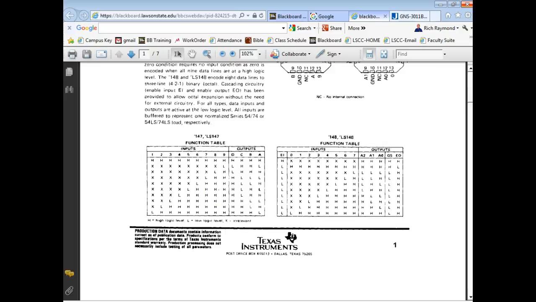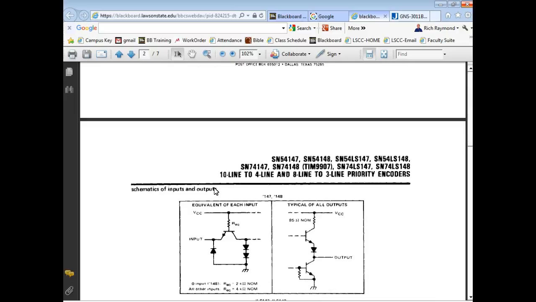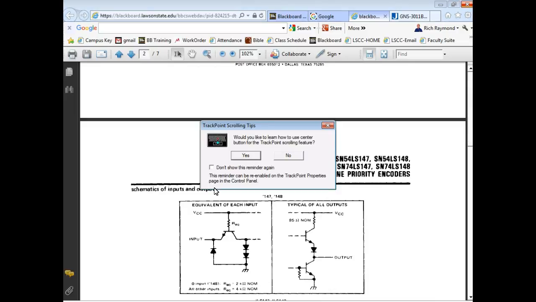So we're going to use a 7404, right? That's our inverter. And they're pretty straightforward.